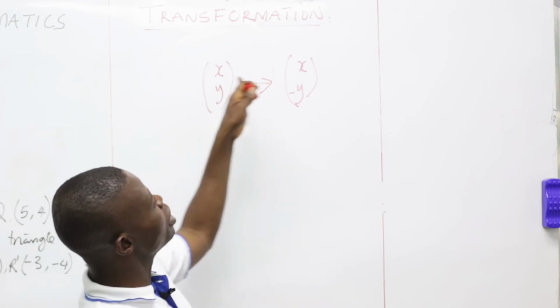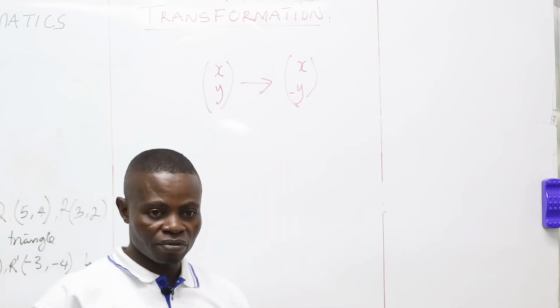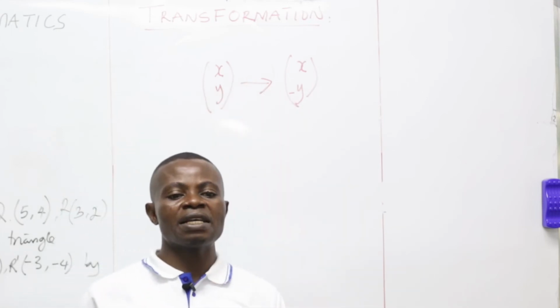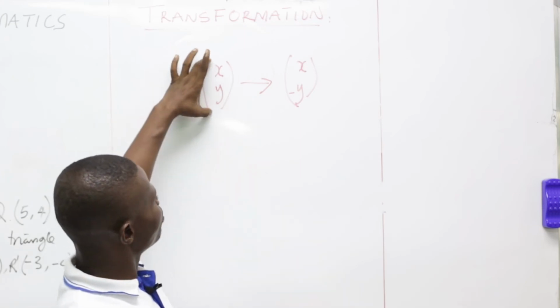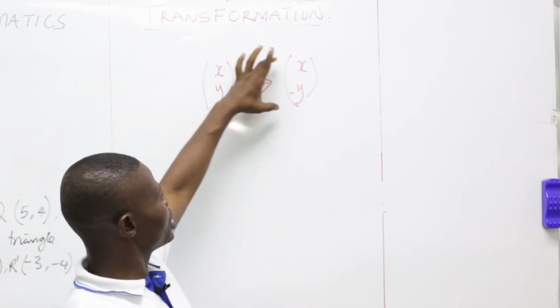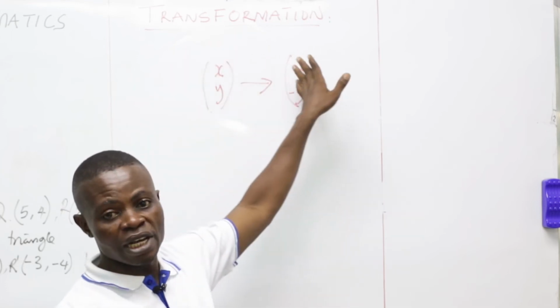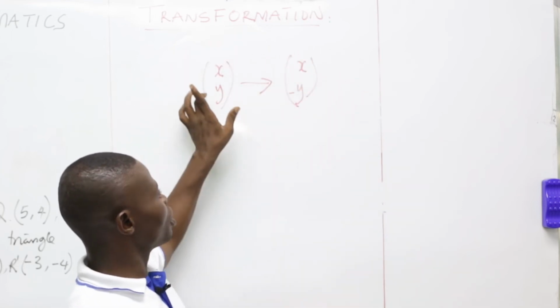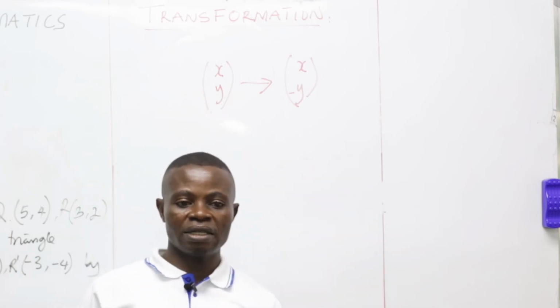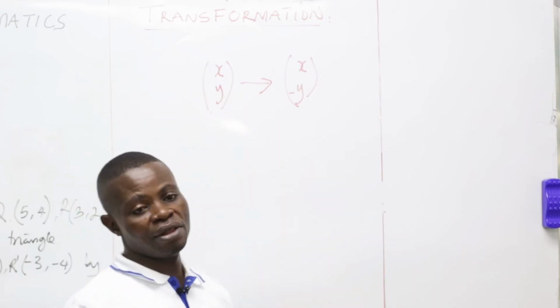Meaning the image of a reflection, when it is in the X-axis, the image of this object will change to this. There is no change observed in X, but in Y there is a change, which is minus Y.